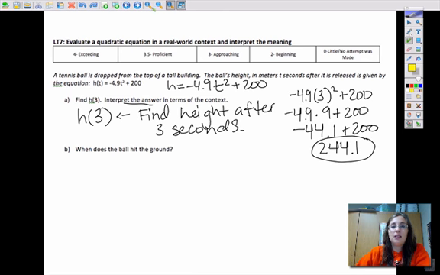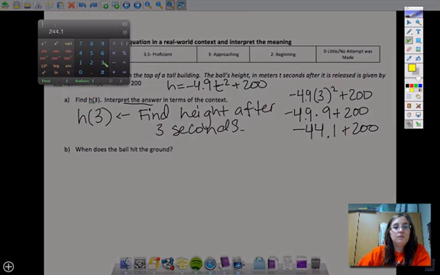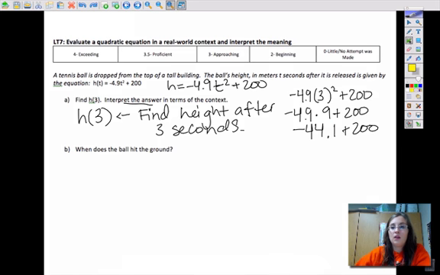So what I need to actually do is I need to subtract the 44.1 from the 200. And that will give me the real answer, 155.9.